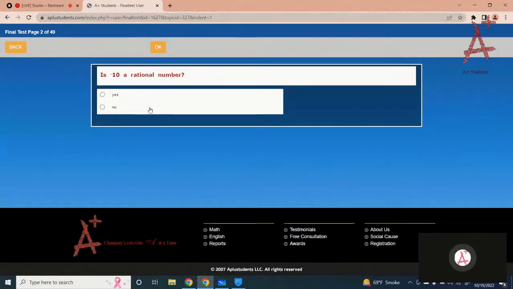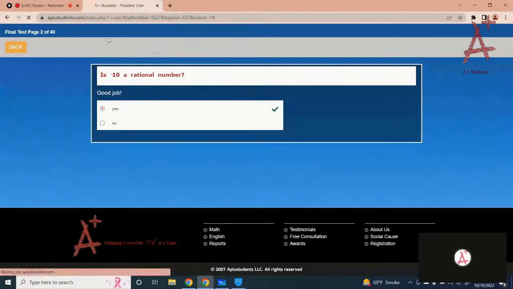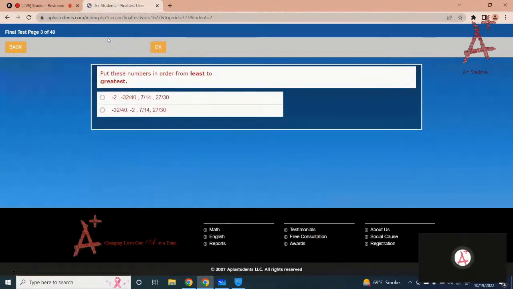Yes, it is a rational number. We can write it as negative 10 over 1 because we can write the rational numbers in a by b form. So you can write negative 10 as negative 10 over 1. Got it? So yes, it is a rational number.